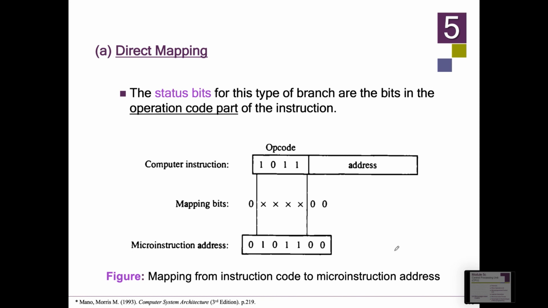Direct mapping. The status bits for this type of branch are the bits in the operation code part of the instruction. So you can see over here, we already looked at the instruction of 1011. In terms of your micro instruction address, if you were given computer instructions, you can divide it into several parts, which are your opcode and your address in the stack. Mapping bits give you 000.